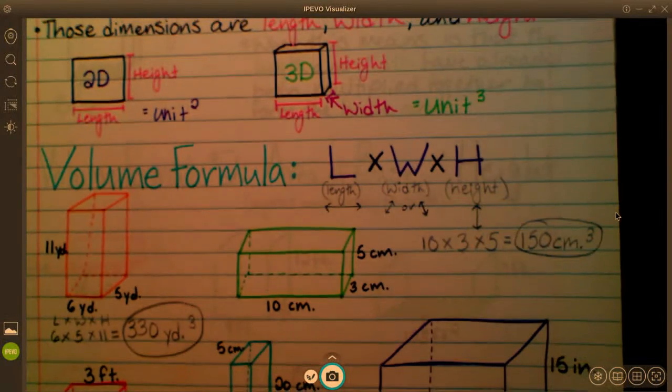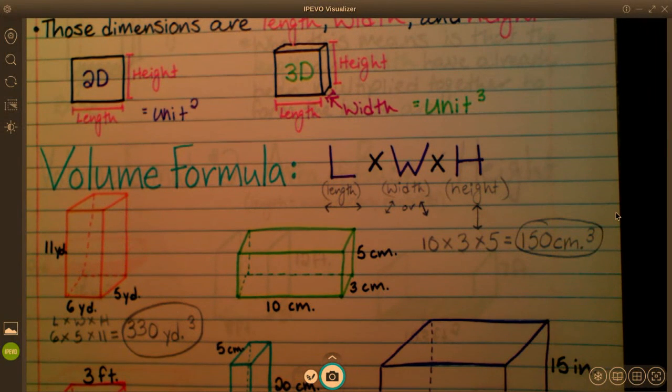Speaking of homework, let's get started with that. In your workbook, your math workbook, please open up to page 597 and 598. On page 597, you are circling numbers 1 through 6.